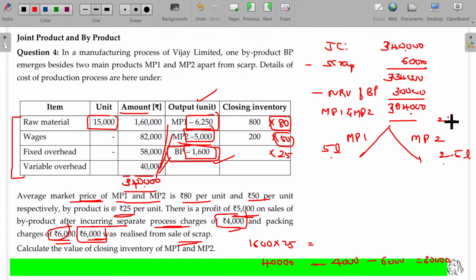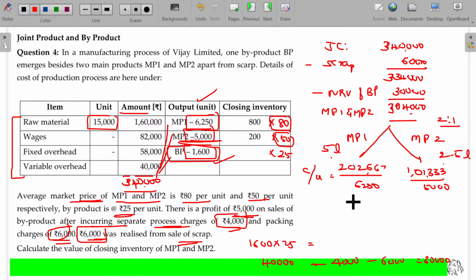Otherwise, 2:1 ratio. So, 2,667 and 1,01,333. Segregated. This is for how many units? 6,250 units. This is for how many units? 5,000 units. Now find out the cost per unit. Come on, tell me.